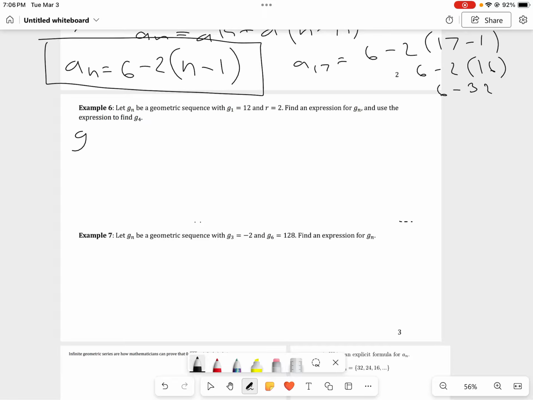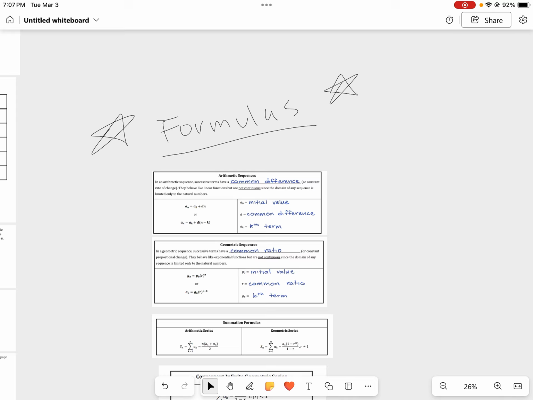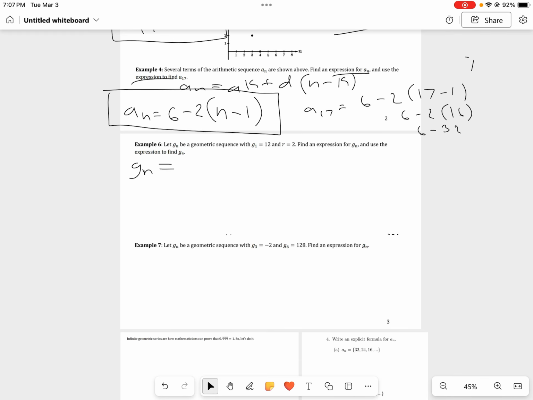Okay, so our g of n is, and then I guess we could reference our formulas. I guess we'll just write it in this form. It's supposed to be g of n equals g of k, r to the n minus k. Let me try it like that.